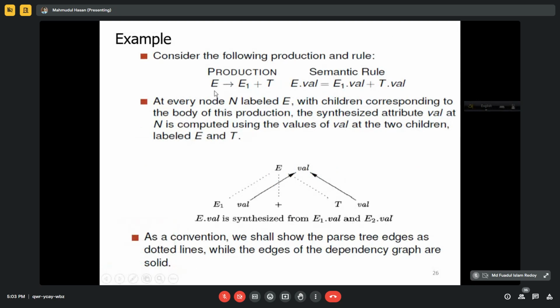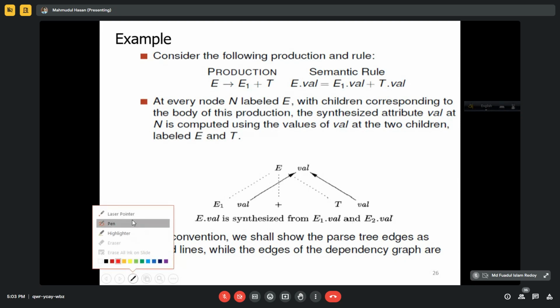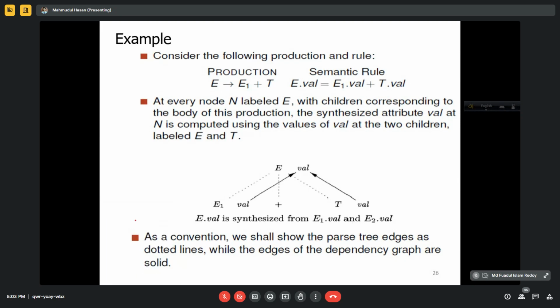I already discussed that when you put the arrow, it is known as a dependency graph, but that is not the formal way to represent a dependency graph. There is a formal way.